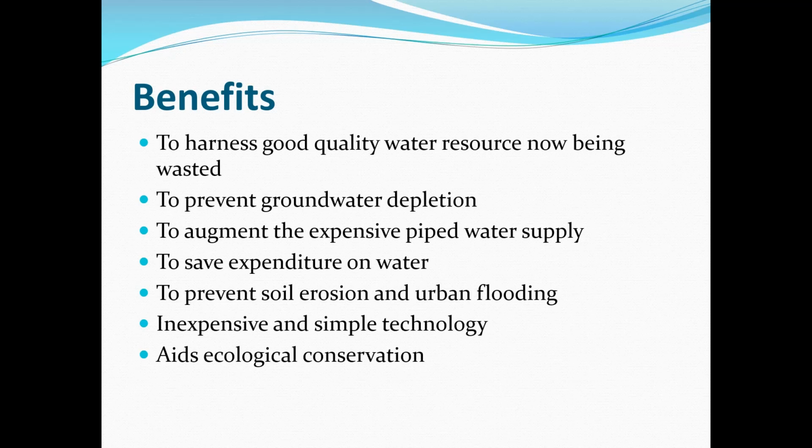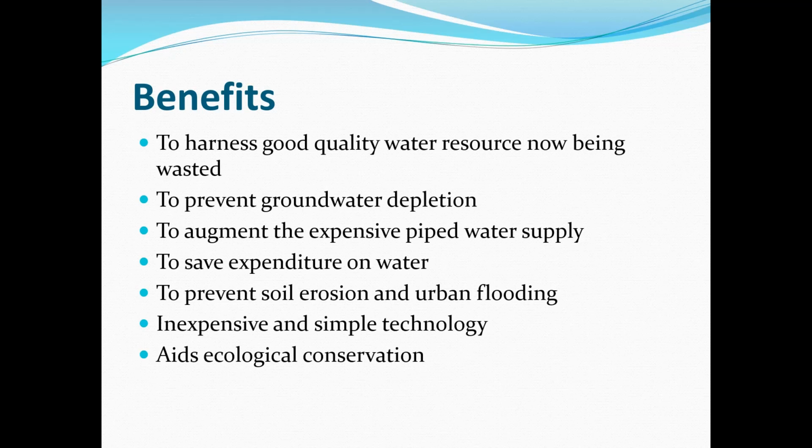Then we can get rid of the expensive piped water supply, which is treated and supplied by some government authority. This groundwater has good quality, so there will not be any problem, or by treating it to a small extent, it can be used easily for day to day life.